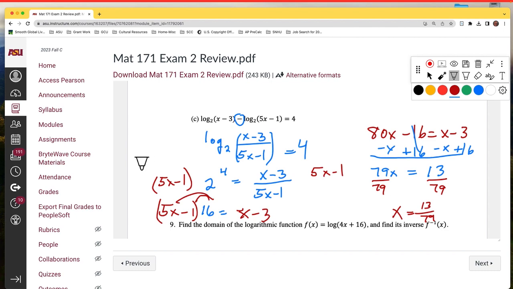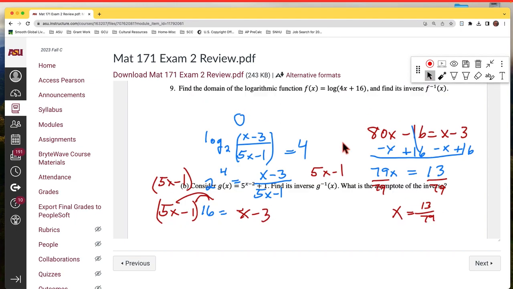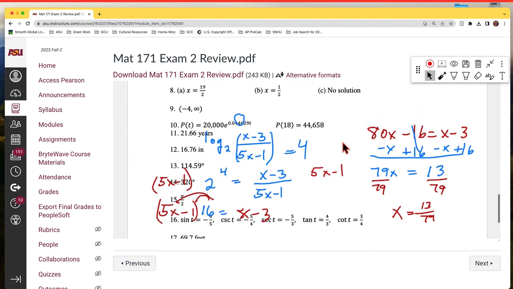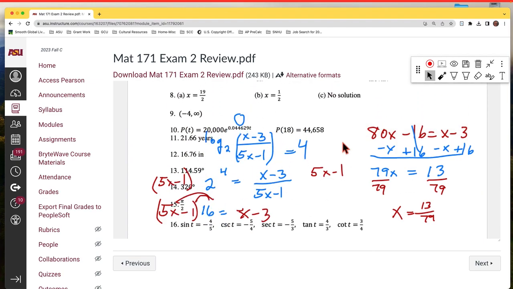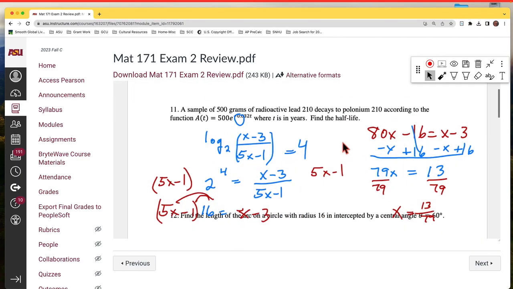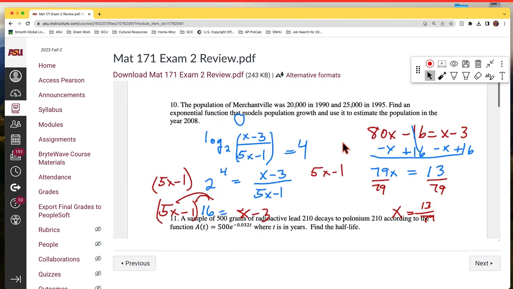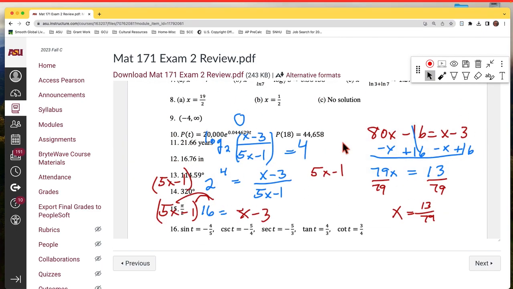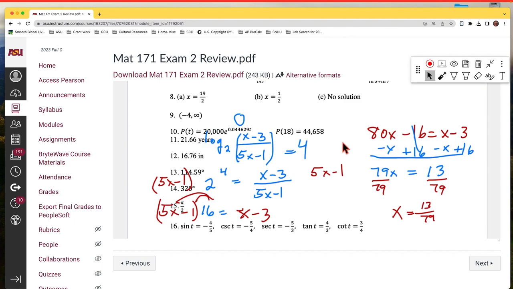Let's make sure I copied everything down right. This was number 8. Go down to the answers. Oh, a C, no solution.